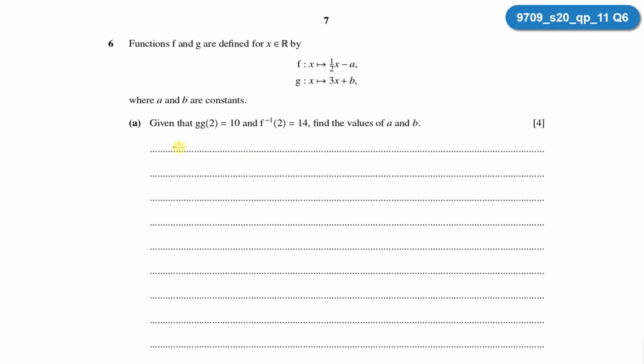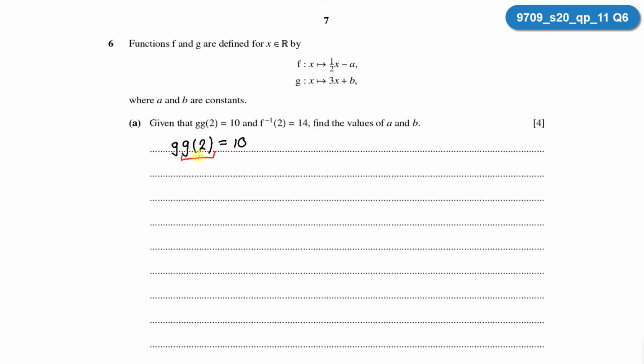So here we've been given that g of 2 is equal to 10. So how do we handle this? First of all, I will work out g of 2, because for this composite function, g of 2 is an input into the first g here.